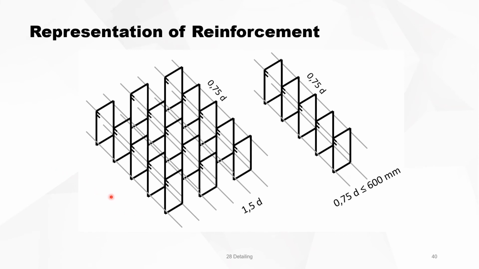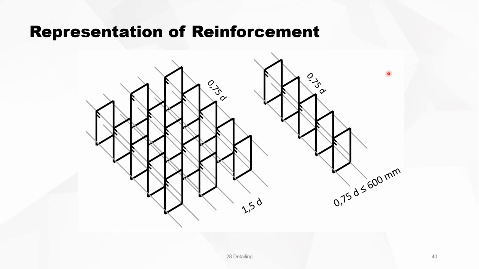This is shear reinforcement for a beam. So these are all kind of rules. For instance, the distance between two stirrups must be smaller than 0.75 the effective depth, and the distance should always be smaller than 600 millimeters.